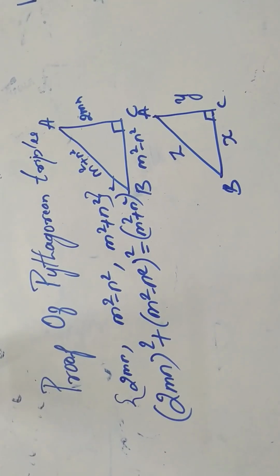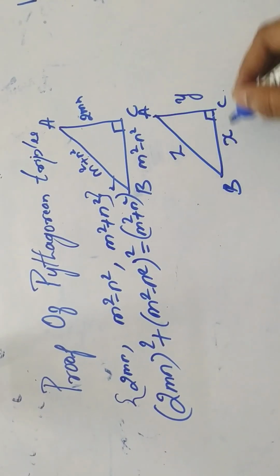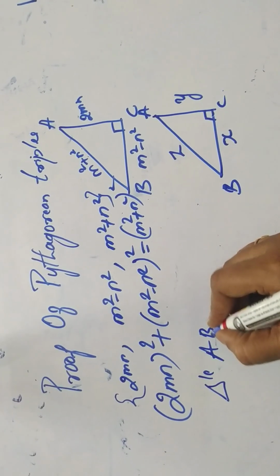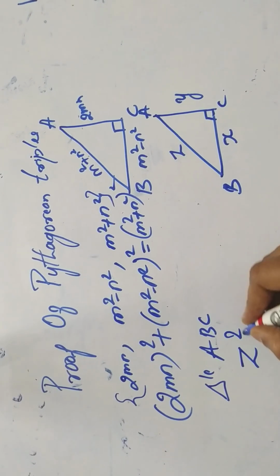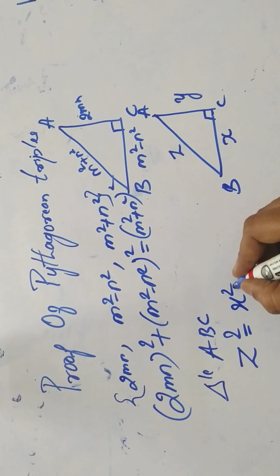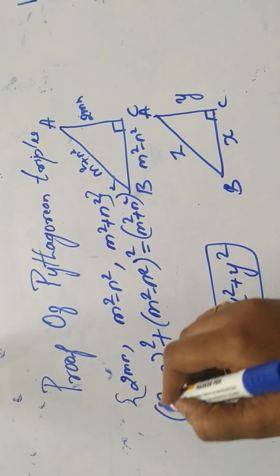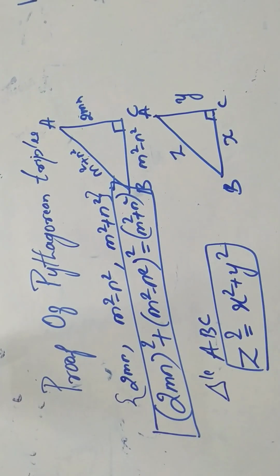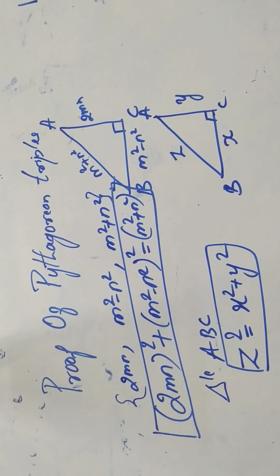To proceed, applying Pythagoras theorem to this right angle triangle ABC, hypotenuse square, that is z square, can be written as x square plus y square. Ultimately, we have to arrive at this result because this is the required proof for Pythagorean triplet. So now, rearrange this term.